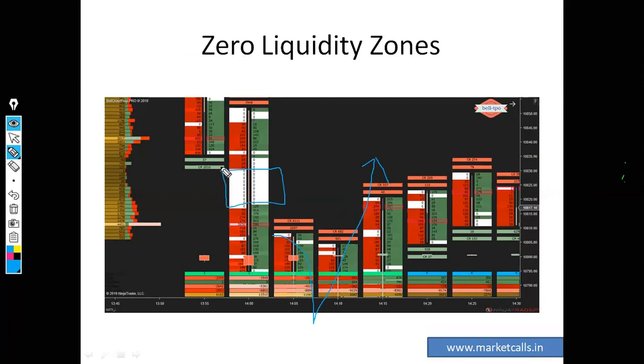It's not support or resistance, but when you see that the buying side liquidity is not there and the selling side liquidity is not there, it does not get filled in that candle, and price usually tends to move towards those liquidity zones. That's a behavior you can observe from the order flow time to time. If you're watching order flow, you'll come to know this behavior happens again and again.